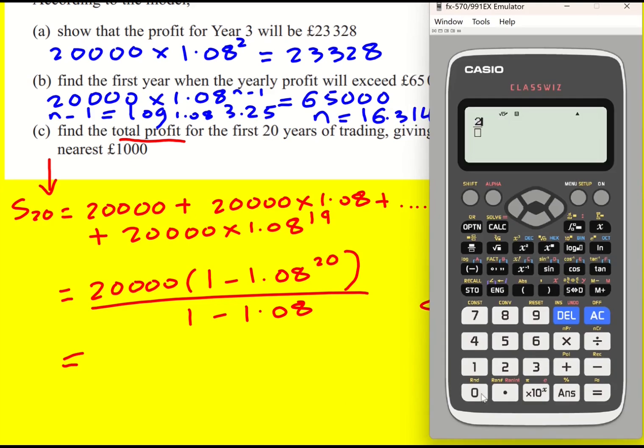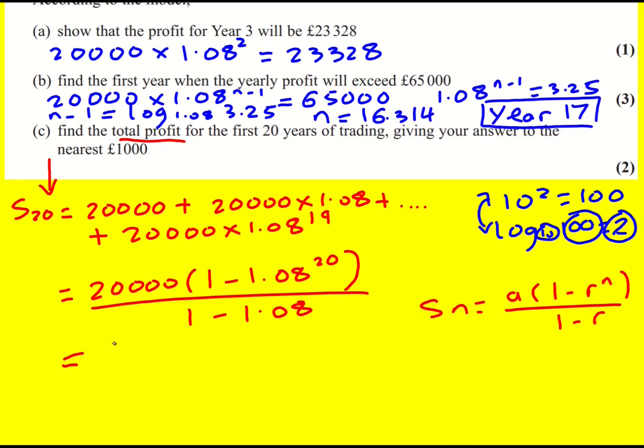We're absolutely fine. That gives $915,239.30, but it's the nearest thousand, therefore it's going to be 915,000.